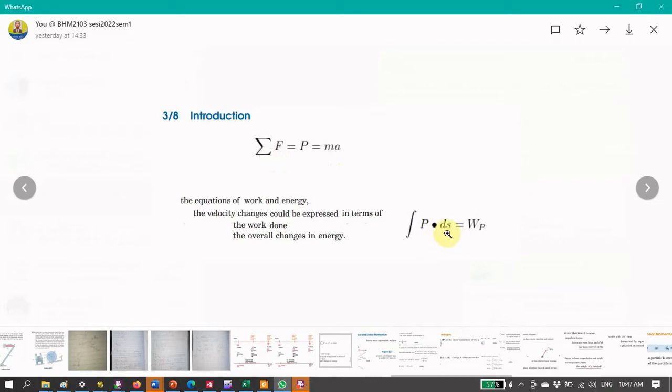And from that, when we do the integration of the forces with the distance travelled by the body along the path, we get the work done on the body, right? So in that, we can determine the velocity, the angular velocity, and so on, from the magnitude of work as well as the kinetic energy changes.